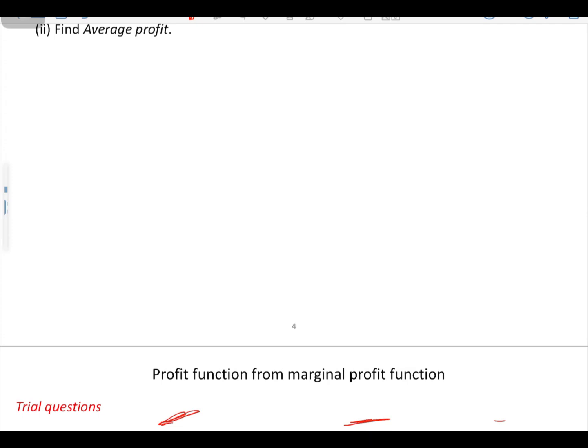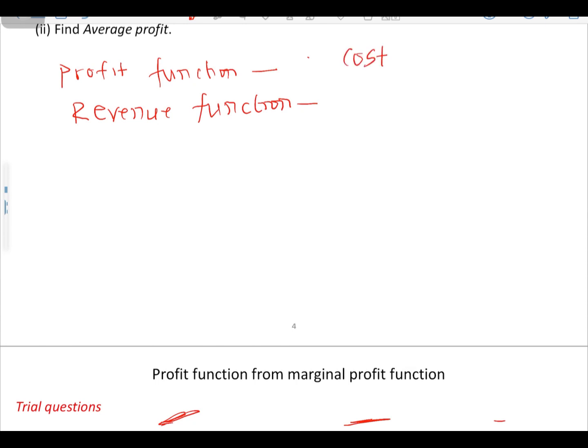Since we have already done the profit function and the revenue function, and also a cost function, let's add it, cost function.